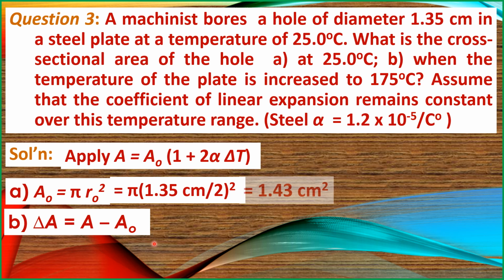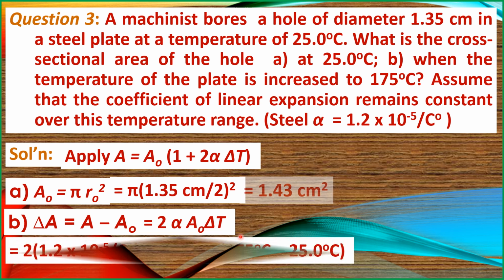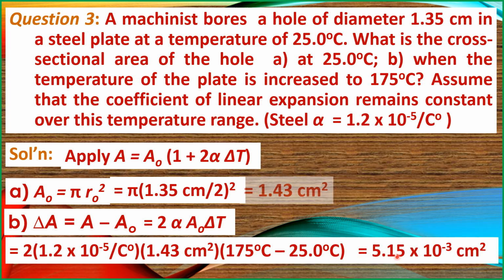And using this definition of delta A, which is twice the alpha multiplied by the initial area A naught times delta T, substituting the data to this formula, we have 2 multiplied by the value of alpha and the computed A naught, 1.43 centimeters squared, and change in the temperature, 170 degrees Celsius minus 25.0 degrees Celsius, we will get the value for delta A equal to 5.15 raised to the negative 3 centimeter squared.